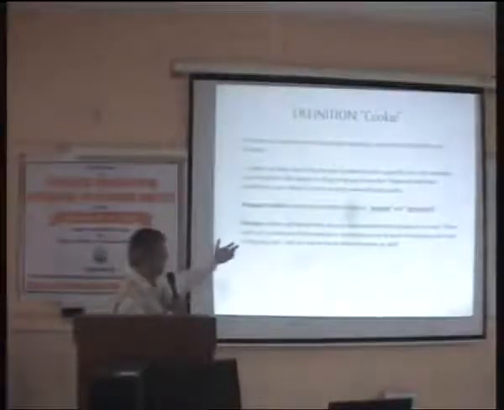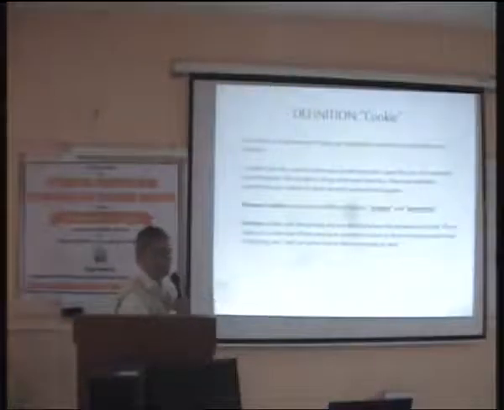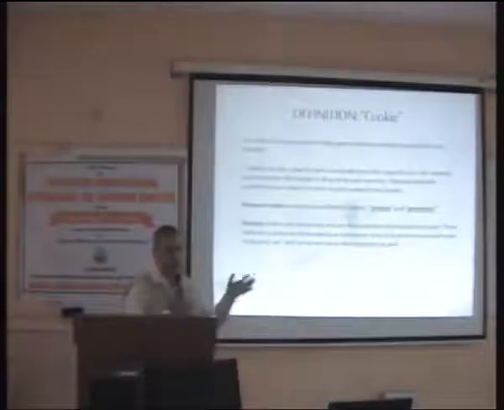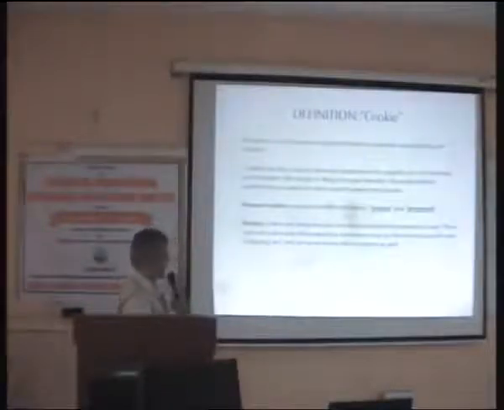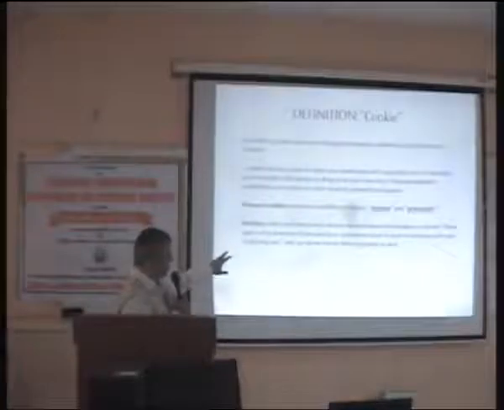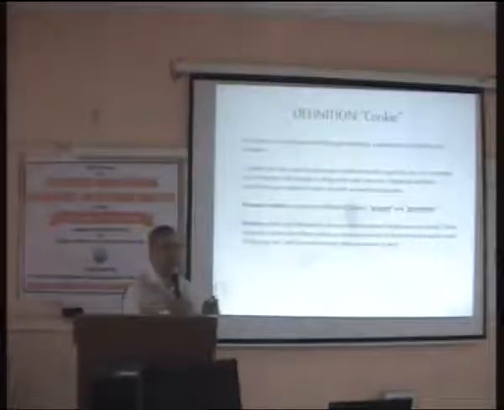Now there are two types of cookies. One is session and second is persistent. The session cookies are basically temporary and they get deleted when the browser is closed. But there are certain cookies which are persistent, means there are some cookies which will be stored for some period of time, and that period has to be defined by you.